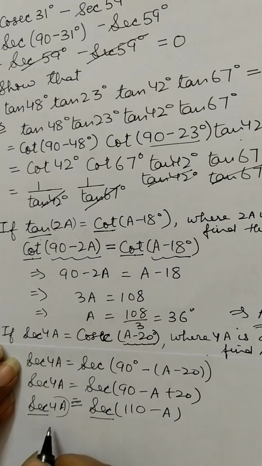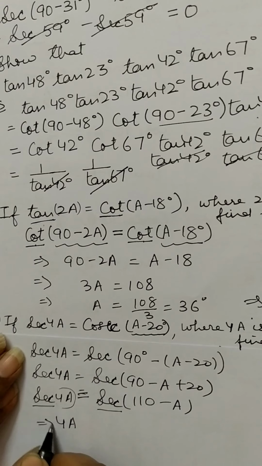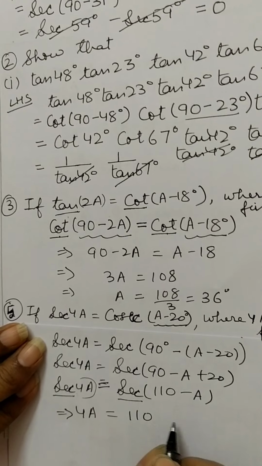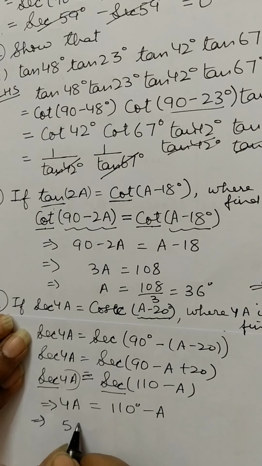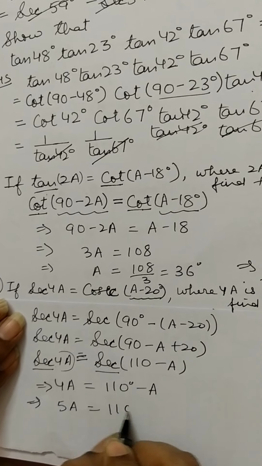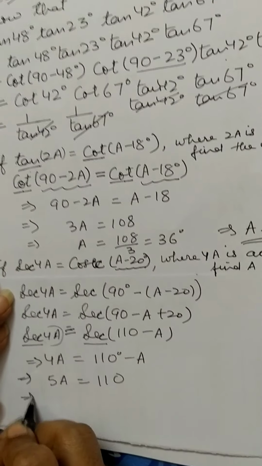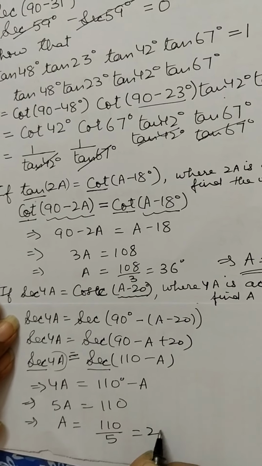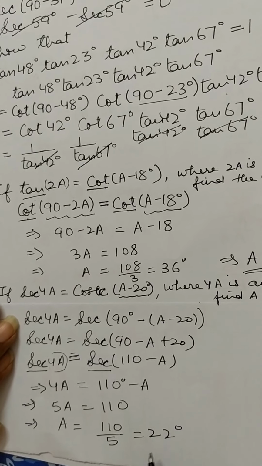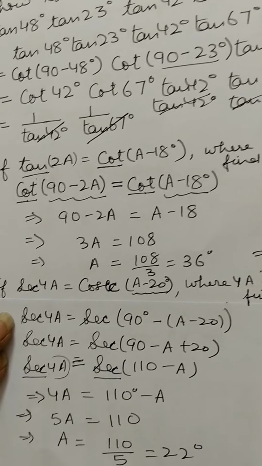So by comparing both the sides, we can say that 4a is equal to 110 minus a, which gives us that 5a is equal to 110, or a is equal to 110 upon 5, that is 22 degree. So the value of a is 22 degree.